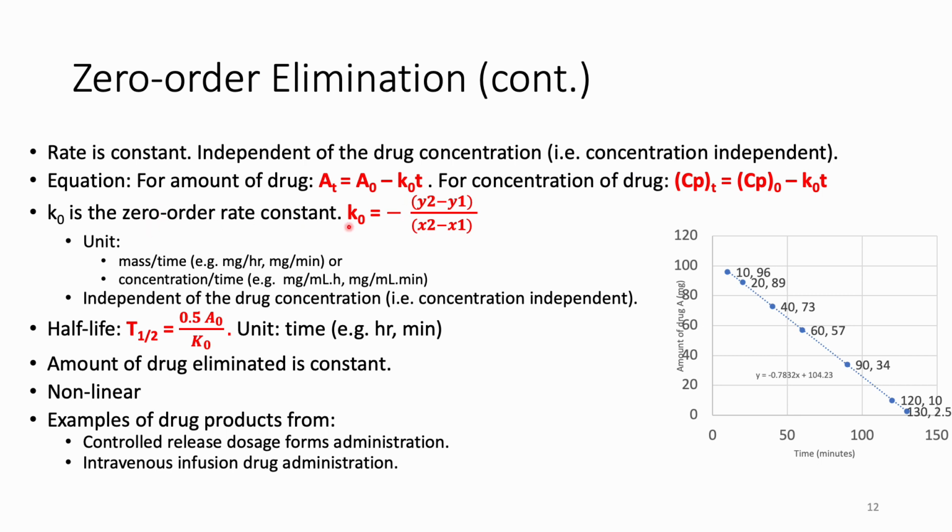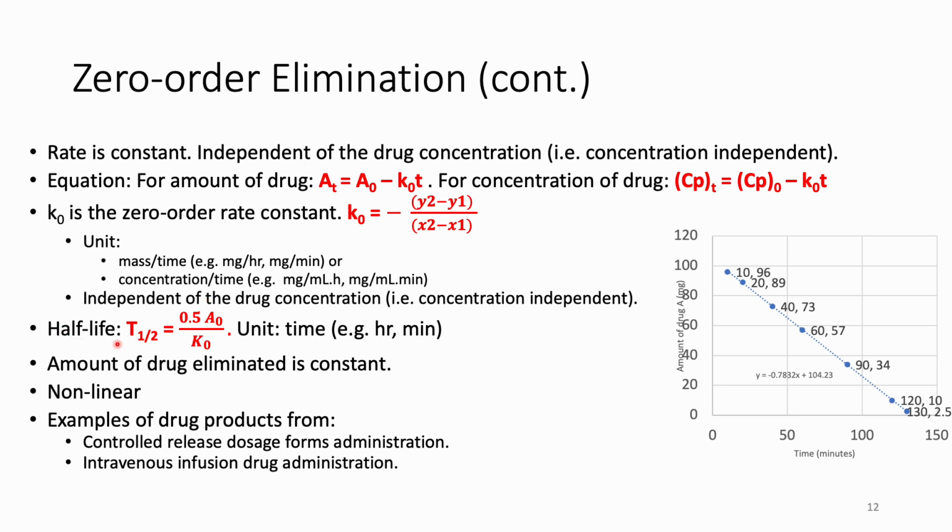It is calculated using this equation: K0 equals minus (Y2 minus Y1) divided by (X2 minus X1). The unit for K0 in zero-order elimination kinetics is mass over time or concentration over time, for example milligram per hour, milligram per minute, or milligram per hour per milliliter, or milligram per minute per milliliter. And K0 is independent of the drug concentration.